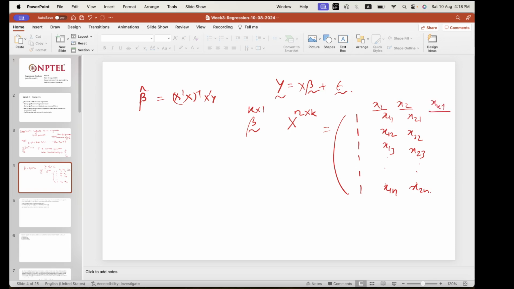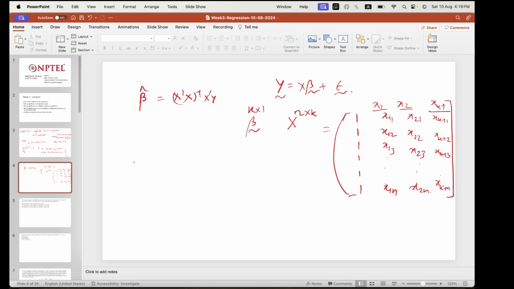The xk minus 1 column will be xk minus 1 1, xk minus 1 2, xk minus 1 3, and so on till xk minus 1 n. Alright, so this is how the model matrix will look.